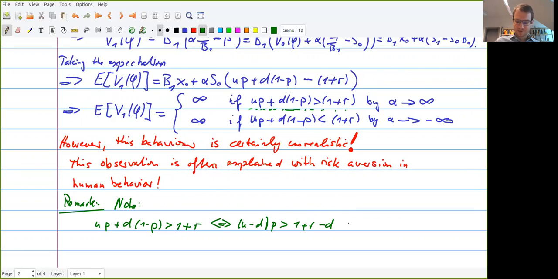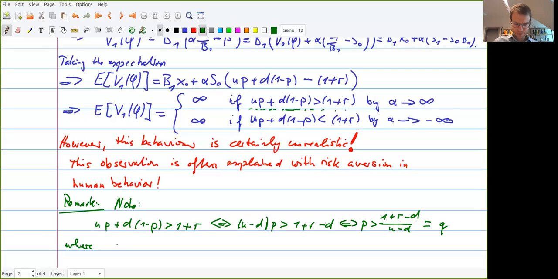That's not surprising. Then I see that p is strictly bigger than (1 plus r minus d) divided by (u minus d). And now, what is this? This is equal to q, and q, as you recall, is the martingale measure, or determines the martingale measure in the binomial model.